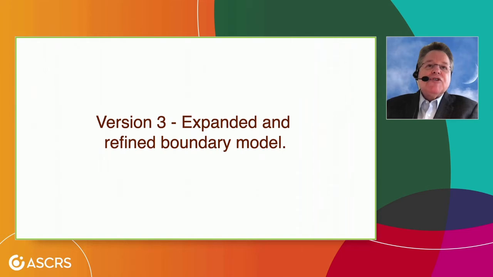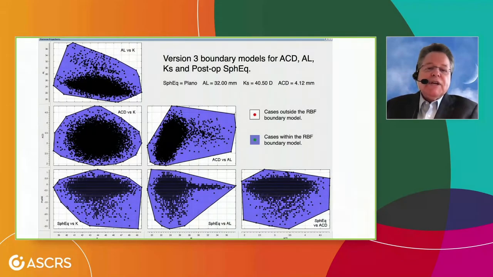So let's talk about version 3, which will probably be available for the online calculator by the time you're viewing this. And this will also be incorporated in the next software cycle of the Haag-Streit LensStar. So here's the expanded boundary model for version 3, and we're going to take a really long eye, 32 millimeters, with flat Ks and a very deep anterior chamber depth.